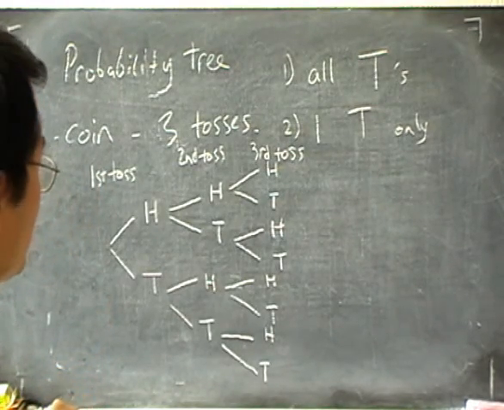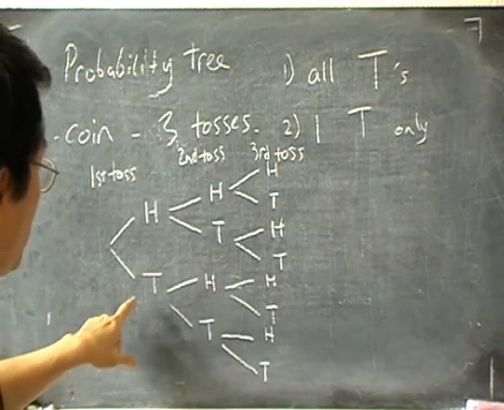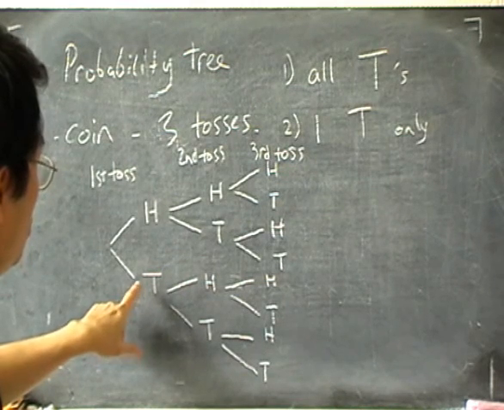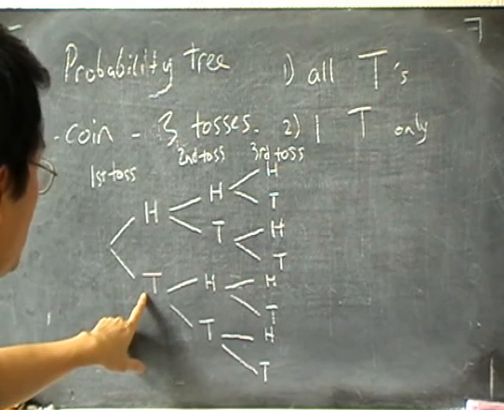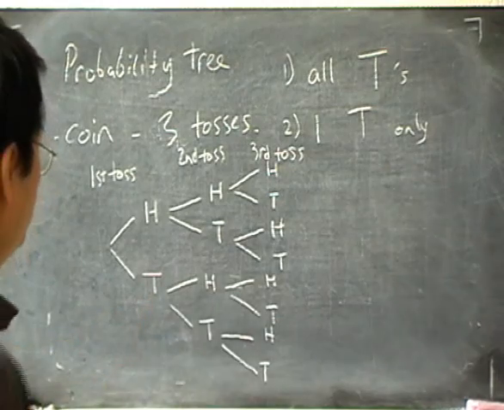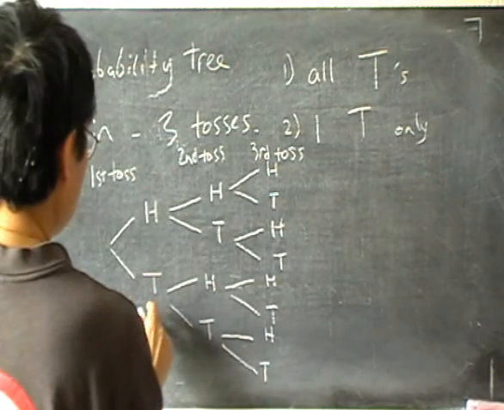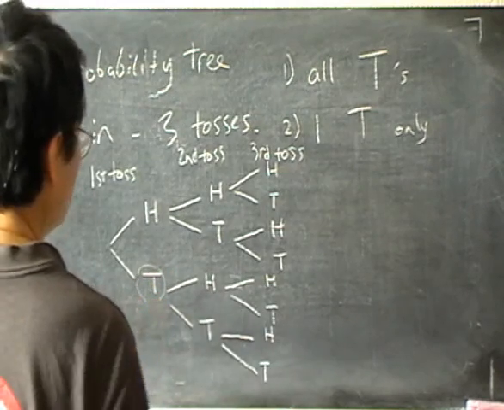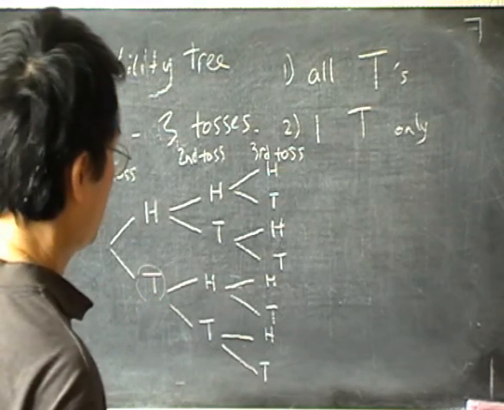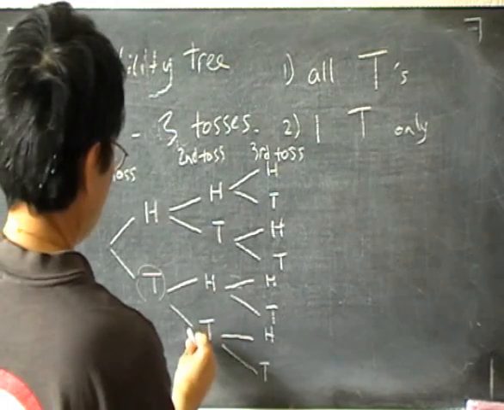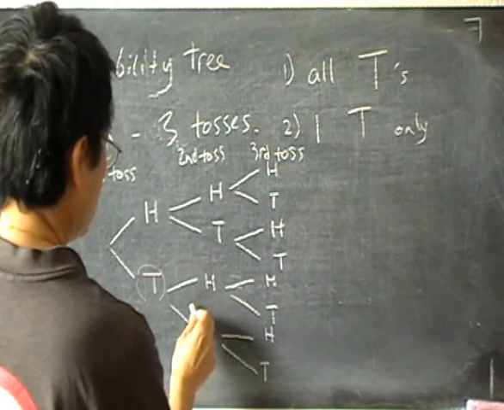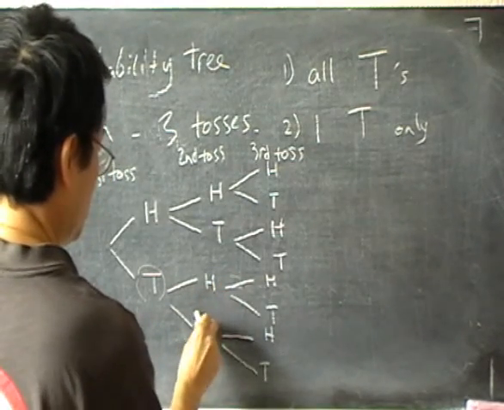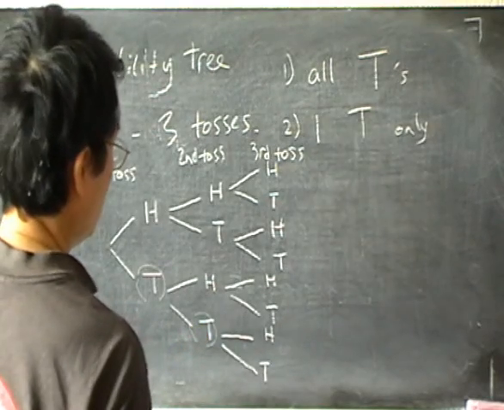All tails means that when I toss the first time, I get a tail. I get this one. When I toss it the second time, I can get a head or a tail, so I'm interested in getting a tail again.